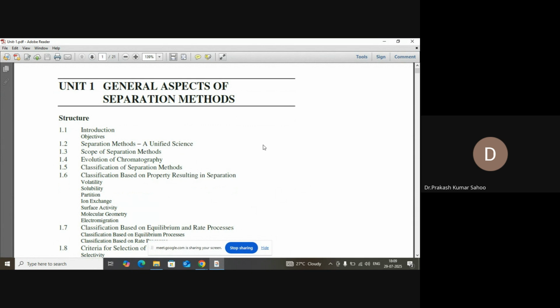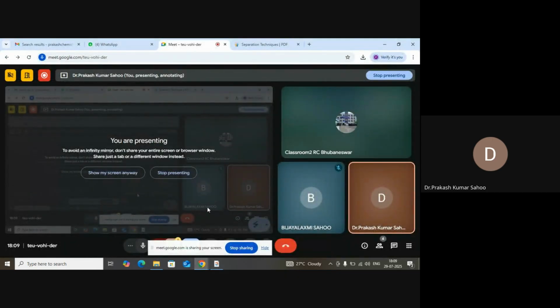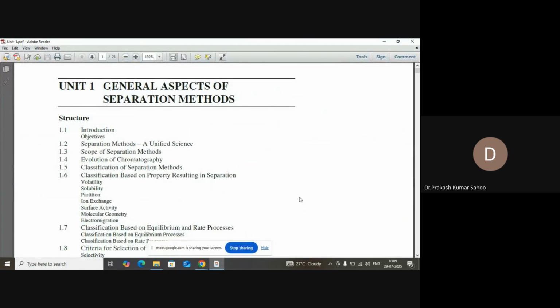So in this unit, we have introduction, objective, separation methods, and method science, followed by evolution of scope of separation method, evolution of chromatography, very important, chromatography technique, and we have the classification based on property resulting in separation.